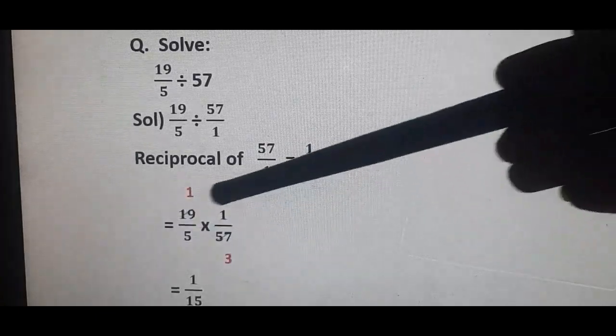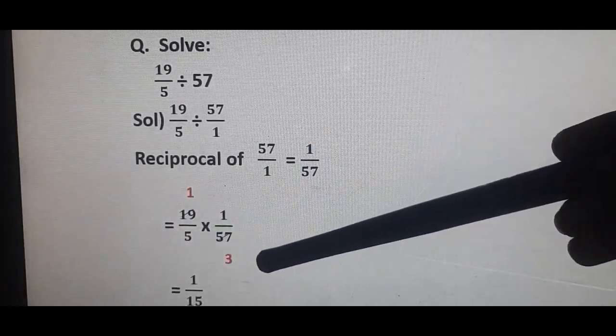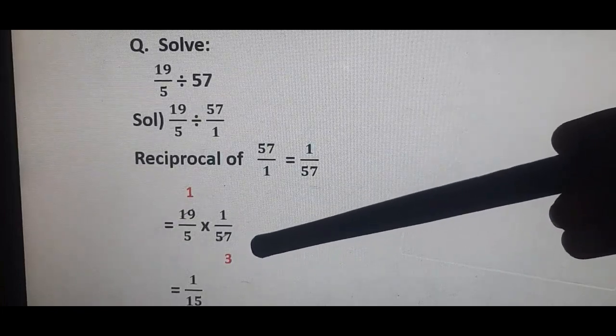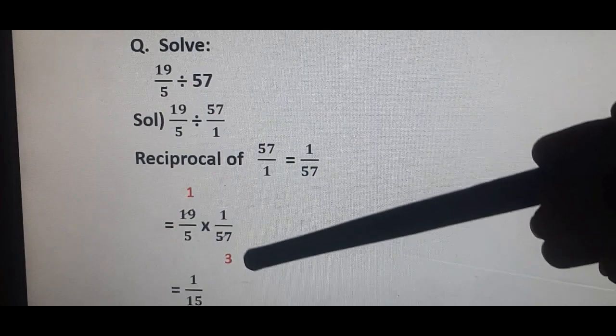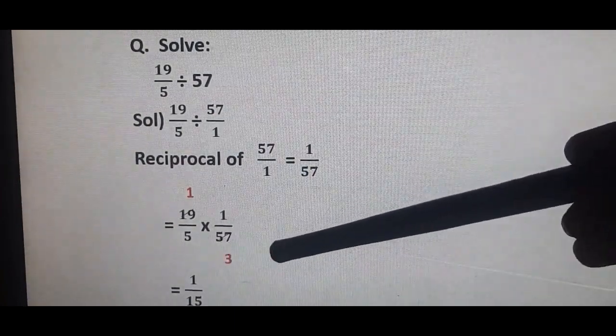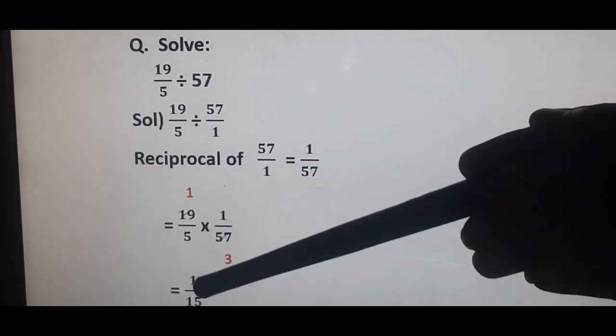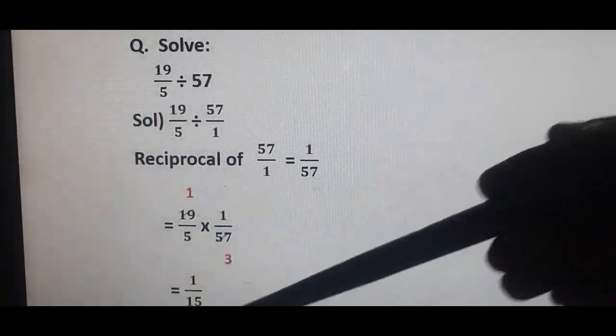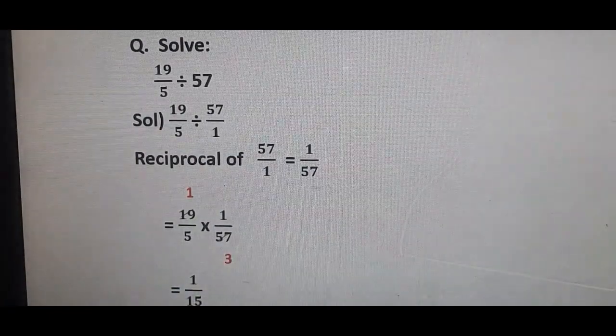Check carefully, if cancellation is there, you will do cancellation at that time. And after that, if no more cancellation is there, then you can multiply the numerator with numerator and denominator with denominator. 1 ones are 1, 5 threes are 15. So our answer is 1 upon 15.